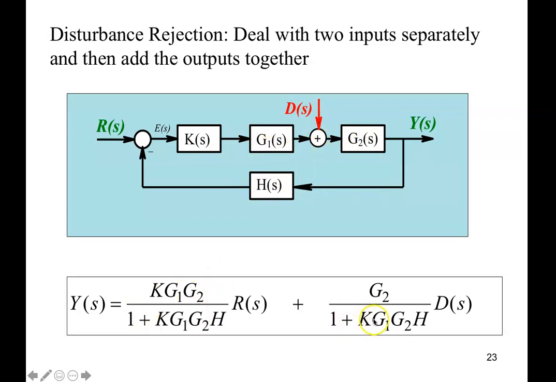So it's 1 plus k g1 g2 h. Now this is the transfer function between ds and ys. So the transfer function times the input equals the output. This is the part of the output due to this ds. Add the two together. I have two inputs, add the two together, and that will give you the overall output.